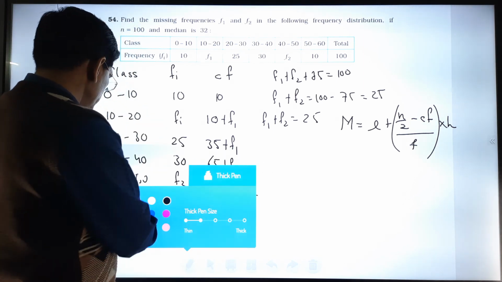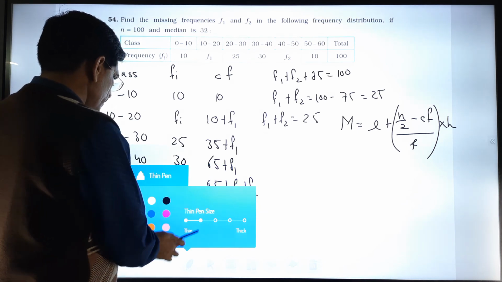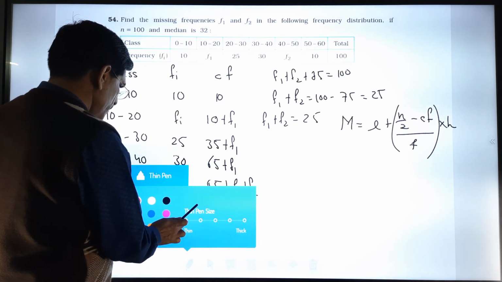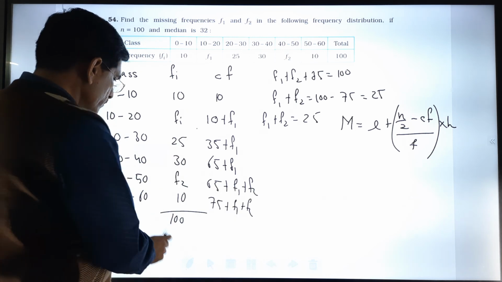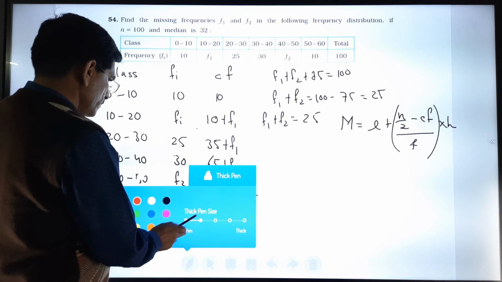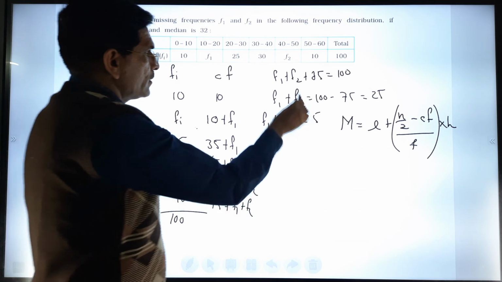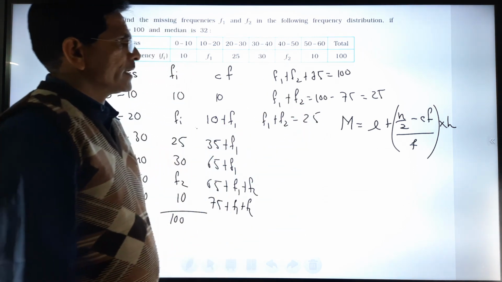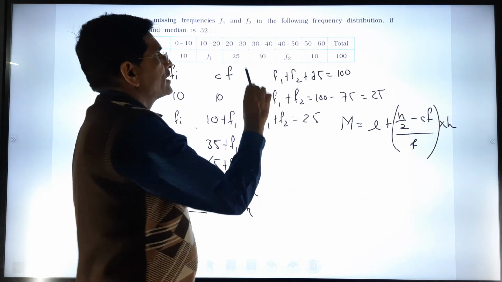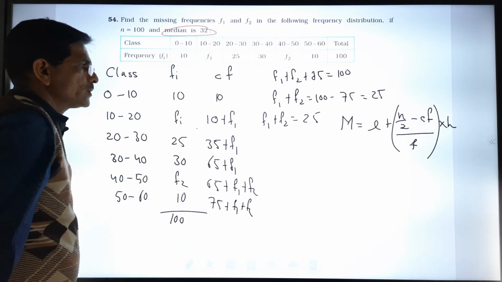So by using the formula M is equal to L plus N by 2 minus CF upon F into height H. What is M? That is the median, and the given median is 32.